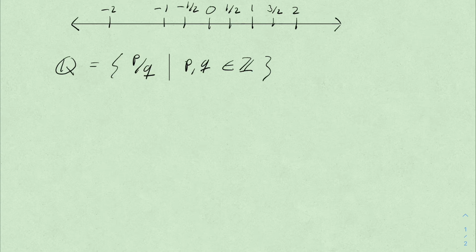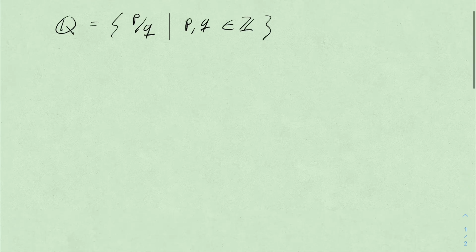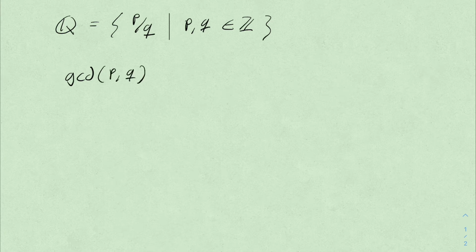One is this concept of the greatest common divisor. Now, the greatest common divisor is denoted GCD, and it is often comparing two numbers or multiple numbers, but we'll just say two numbers p and q. That's normally how it's written. Okay. So the greatest common divisor of p and q.